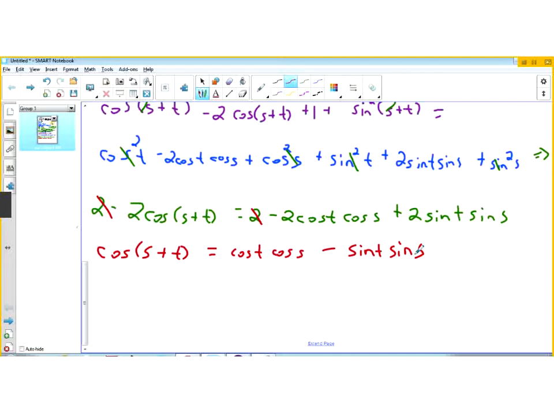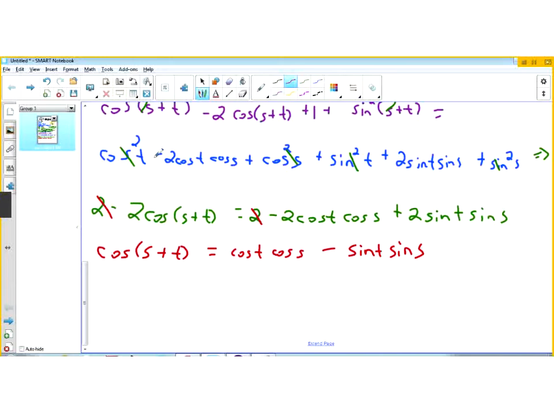So let's see what else we can do. That would be the cosine identity, the cosine of a sum. Let me check the book.